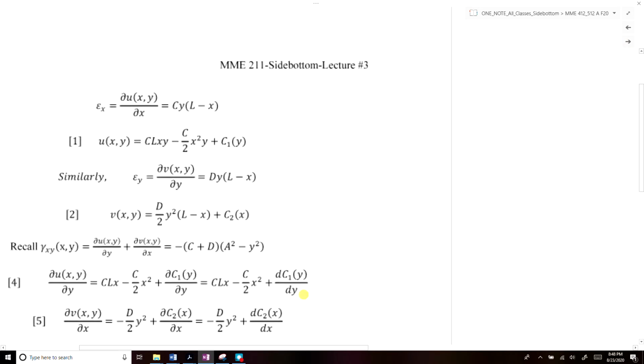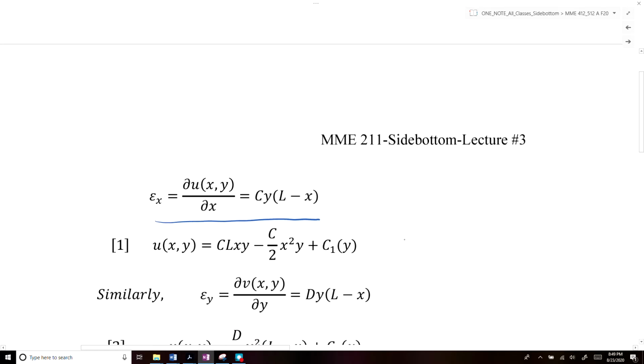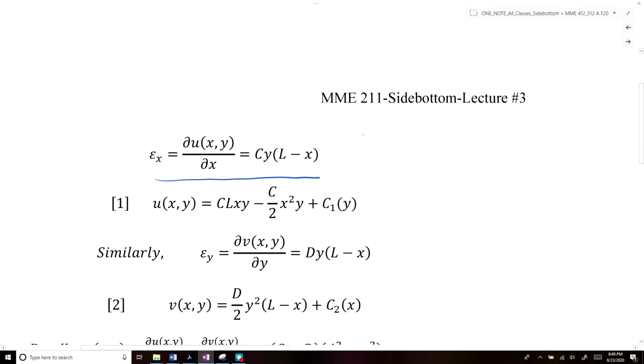So we know that epsilon x was given to us as being equal to c y times L minus x. We also know that epsilon x is equal to the partial derivative of u of x,y with respect to x. So if we integrate this, we end up getting c L x y minus c x squared y over 2 plus an integration constant.